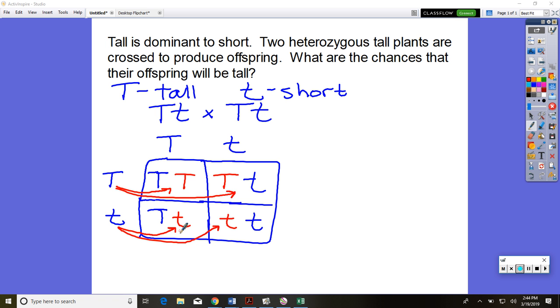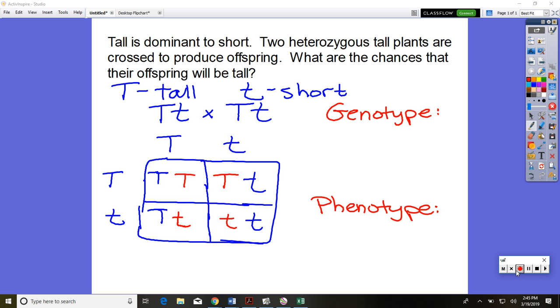Now it's time to determine the genotype and phenotype of our offspring. So when we look at genotype, we're looking at which alleles are present, the dominant or recessive alleles, or a mixture of both. So as we look through the Punnett square, I see a capital capital, capital lowercase, and lowercase lowercase.